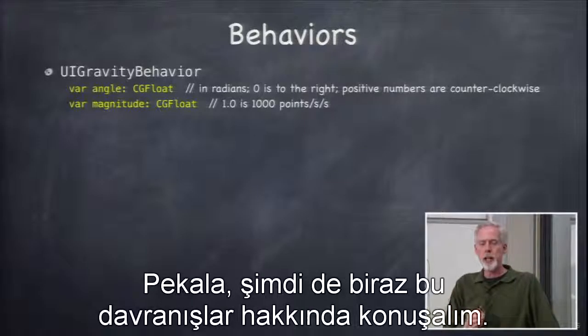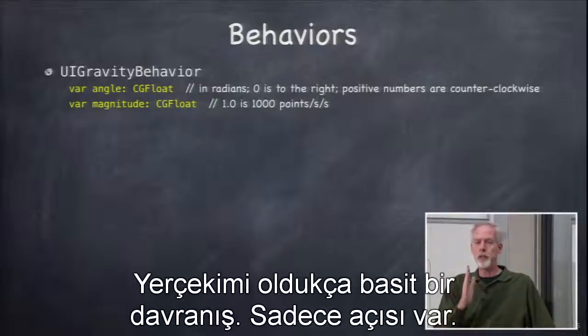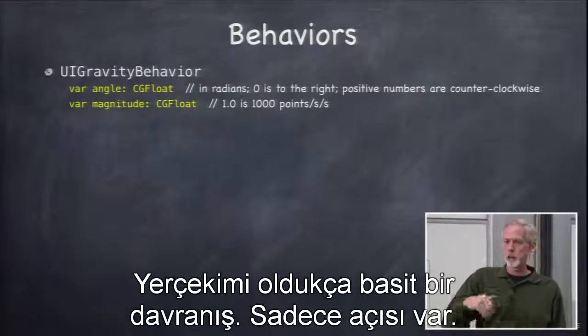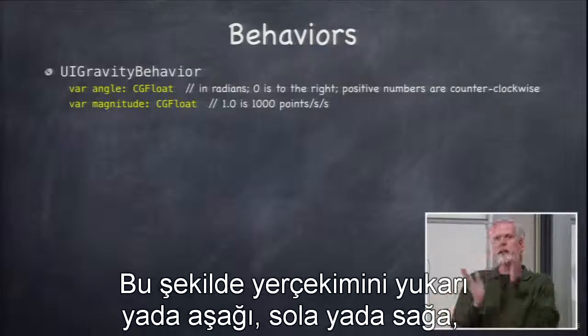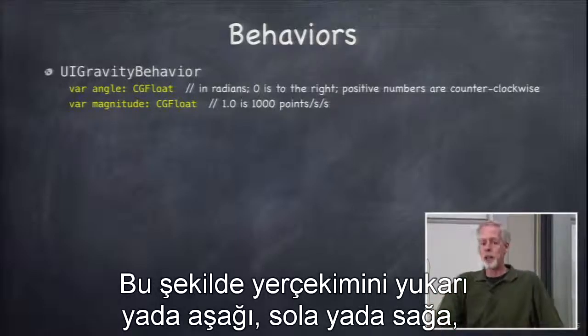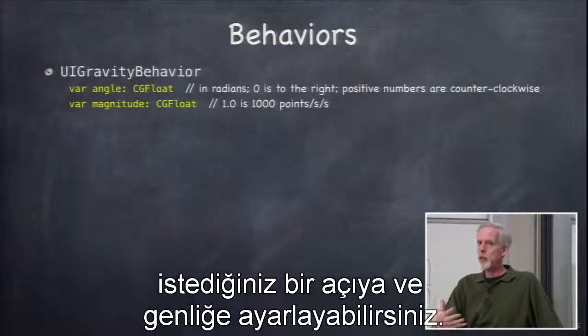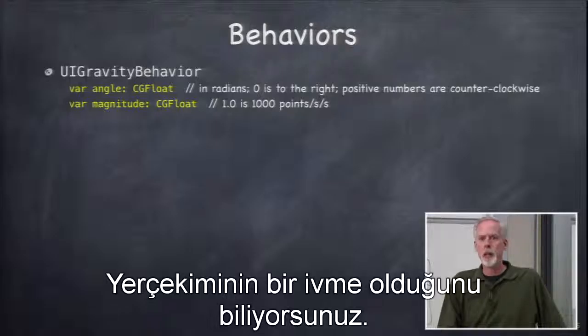All right, so let's talk about some of these behaviors, the concrete behaviors. So gravity is very simple behavior. It just has an angle, so you can have the gravity be going up the screen or down the screen or to the left or to the right or any angle you want. And it has a magnitude. Okay? So the magnitude is in a scale where 1.0 is 1,000 points per second per second. Okay? You all know that gravity is an acceleration. Right?